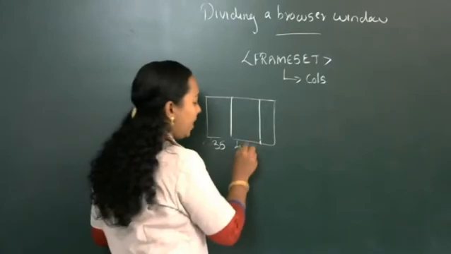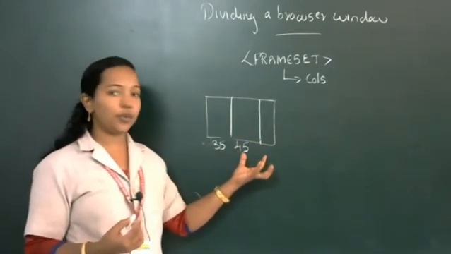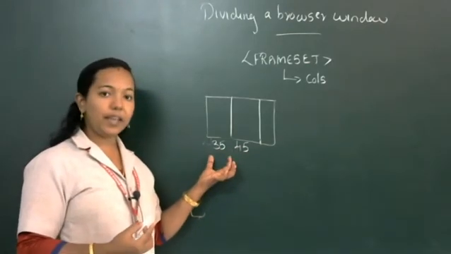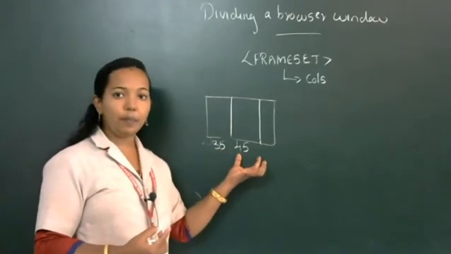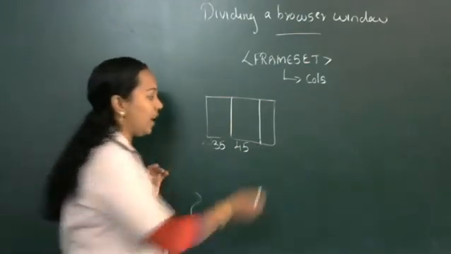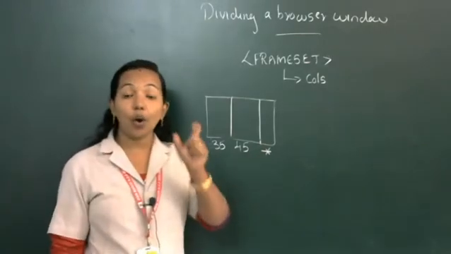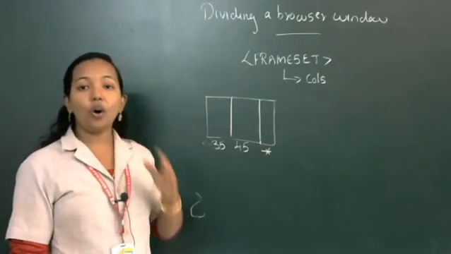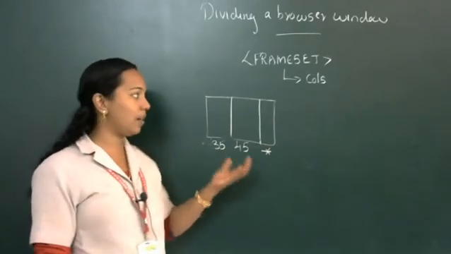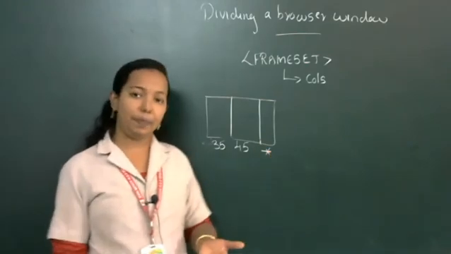Then 45% of the remaining section is used for the second web page. First web page 35, second web page 45 and the remaining section, if you don't know it, then we can use the symbol called star. If we use the star or asterisk symbol, automatically the browser will identify the remaining space as required for the third web page.